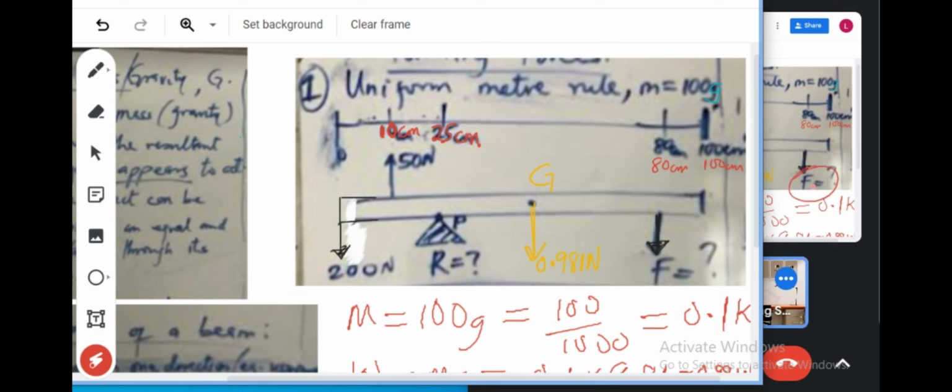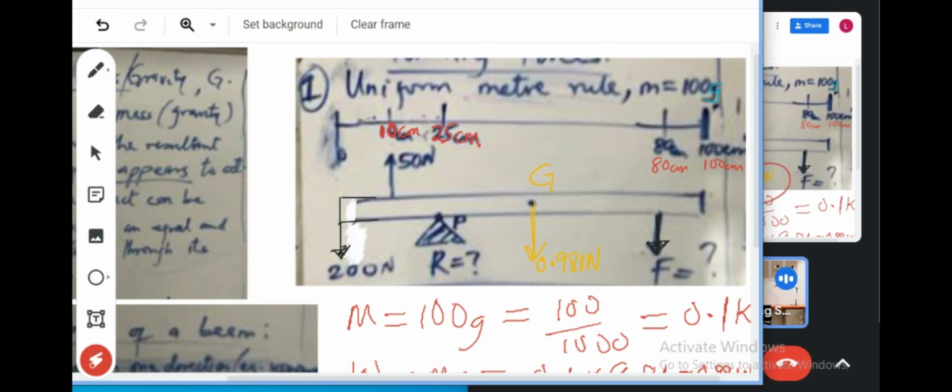Are you ready? Let's go. How will the weight act? Will it be clockwise or anti-clockwise? I need you to check this and answer. It will act clockwise.